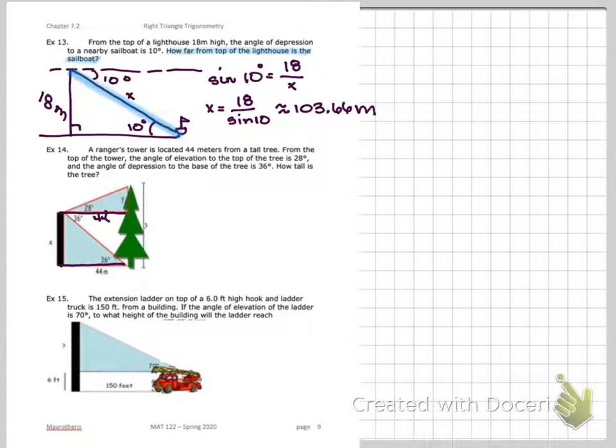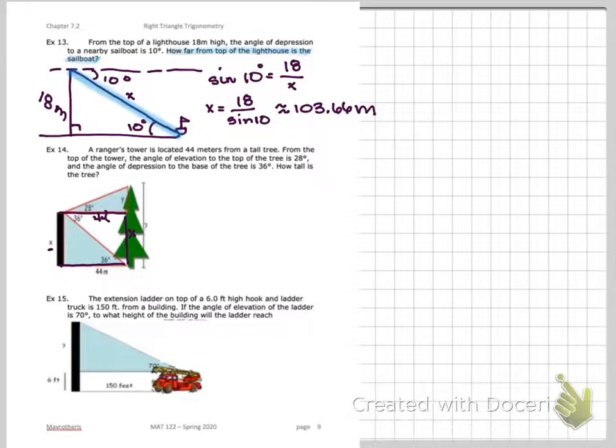Use your imagination. Okay, so we've got this top part y, and then I'm going to call this piece down here x. We're just going to move it over to that side because I need both of those pieces to find the height of the tree.